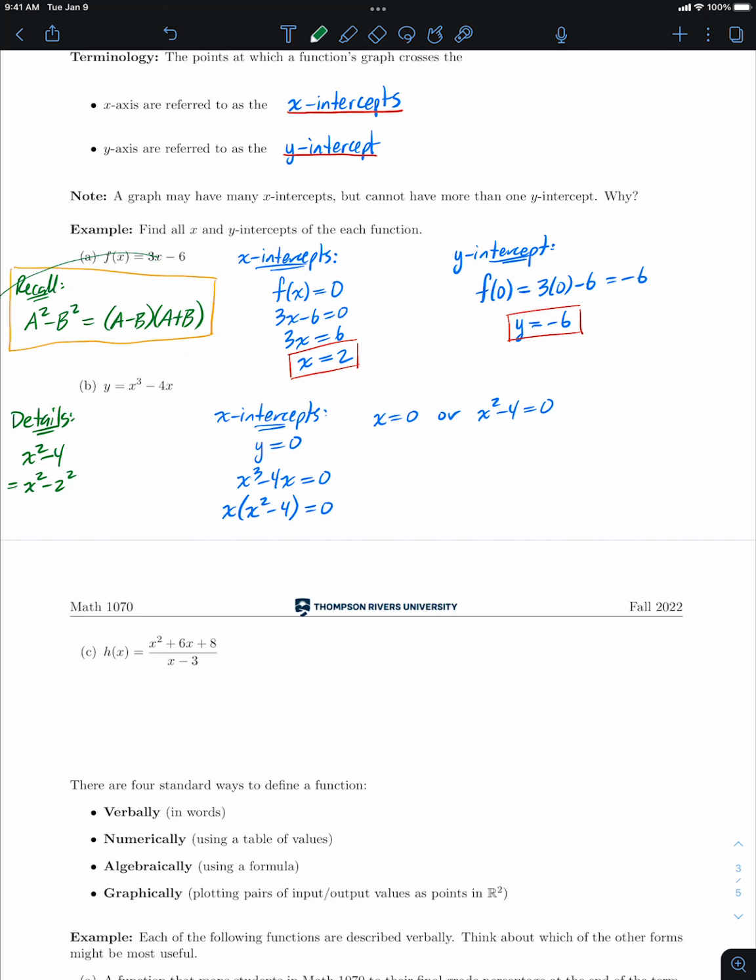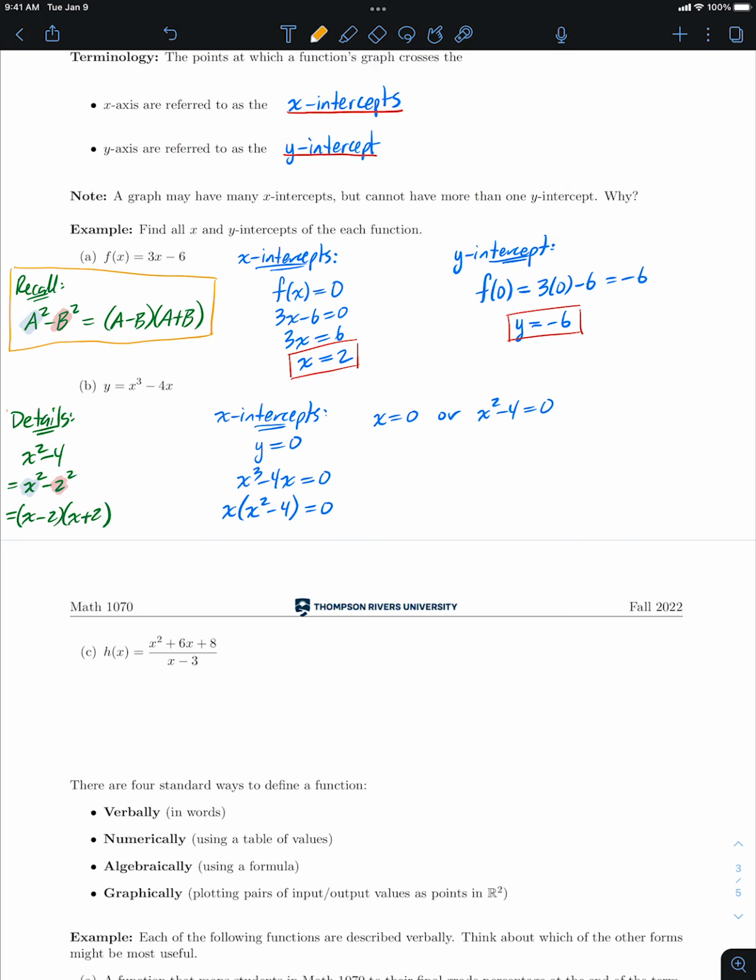Think of this as x squared minus 2 squared. So this would be your a, and this would be your b. The 2 would be your b. So just follow the format, and you're going to get x minus 2 times x plus 2. I'm just following this form exactly to factor it.